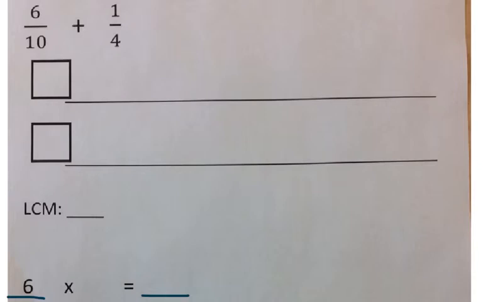So, our denominators are 10 and 4. The first step for finding least common multiple is listing all of the multiples of 10 and 4.